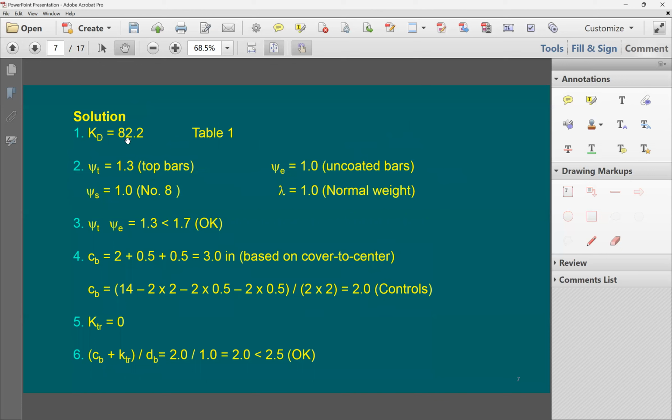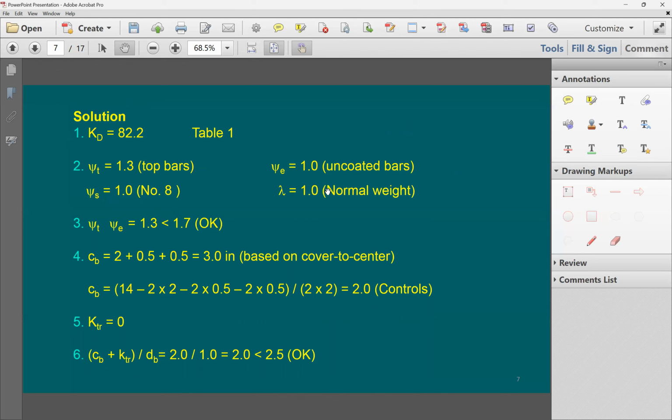From the table, the 4 divided by 30 constant is going to be 82.2. Top rebars, psi sub t is going to be 1.3. No epoxy, your psi sub e is going to be 1.0. For the rebar size, number 8 is going to be 1.